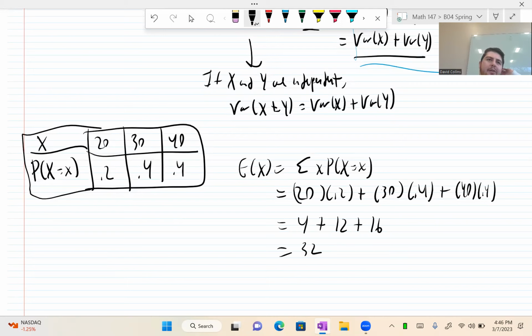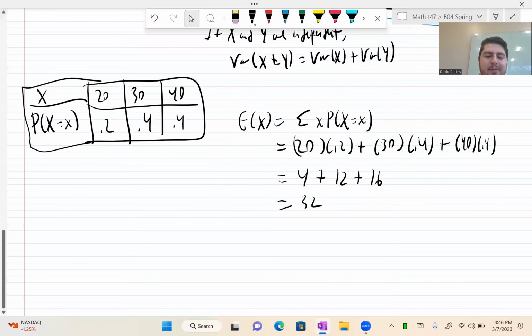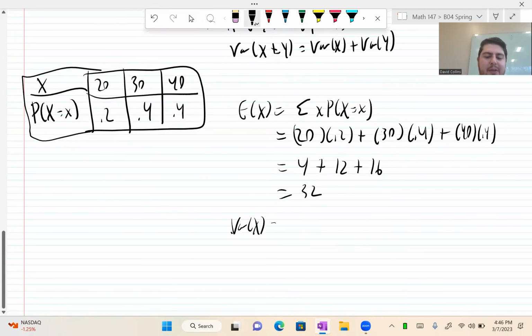I could ask you to find the variance too, but that's just a lot more work for not much more gain. Unless you guys want me to show you it. Okay. Variance of x is the sum of (x minus mu) squared times P(X equals x).